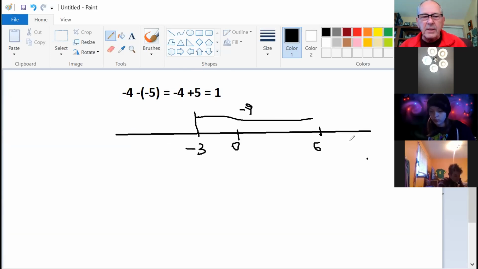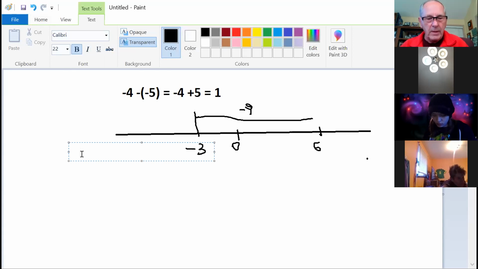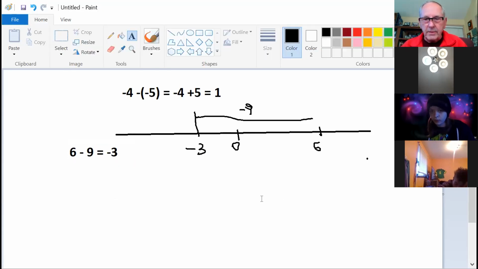Went to the right 6, back left 9, and end up at -3. It's not the one up here, it was the other problem. It's 6 minus 9, and that's equal to -3. Okay, does everyone understand that?